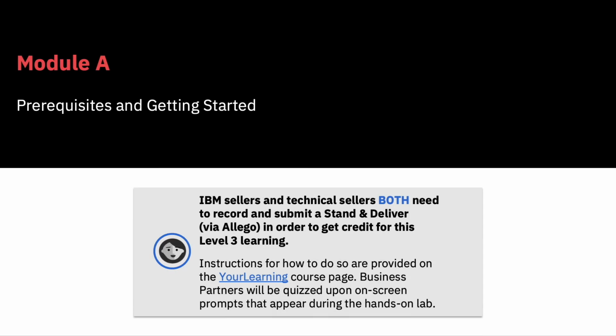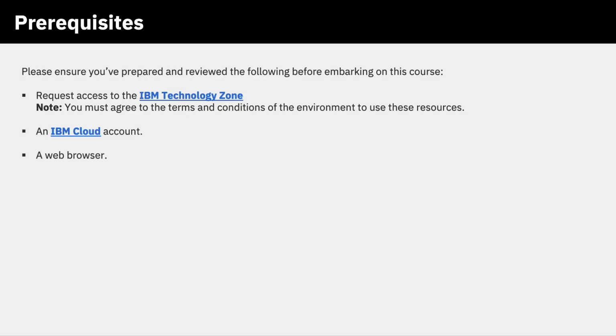In terms of prerequisites, please ensure that you prepared and reviewed the following before embarking on this coursework. First is to request access to the IBM Technology Zone, which as an IBMer or business partner, you very likely already have access to. Just make sure that you can log in and authenticate using your IBM credentials.